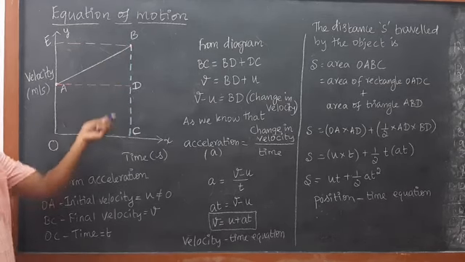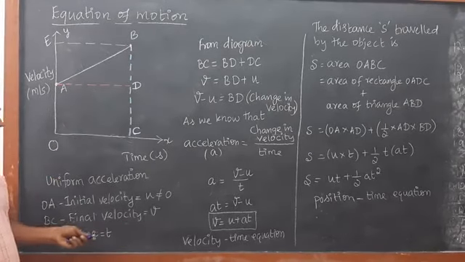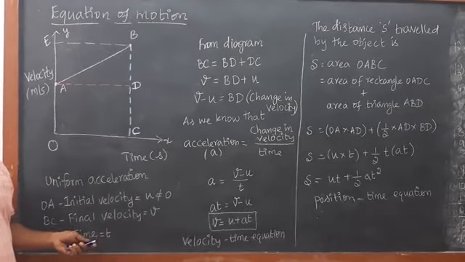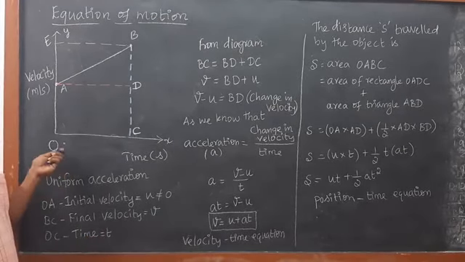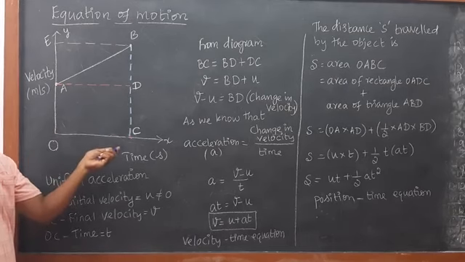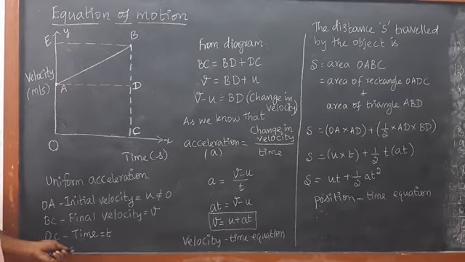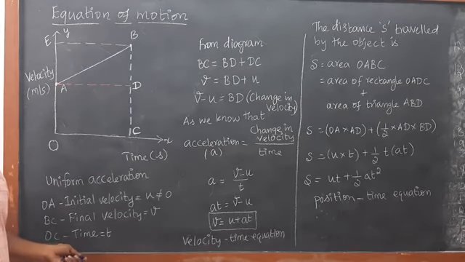So this altitude gives the final velocity V. Okay? And OC, what is OC? Along the x-axis, it starts from 0 seconds, after some time t seconds it reaches the point C. So OC is the time, small t. Okay.